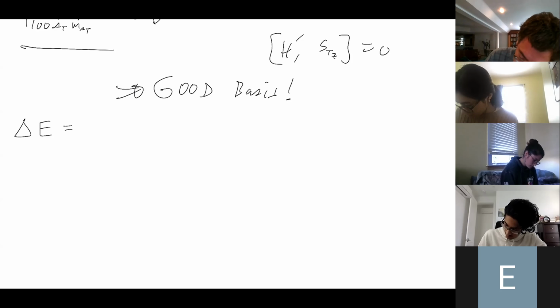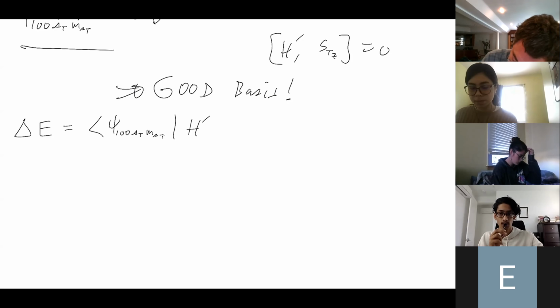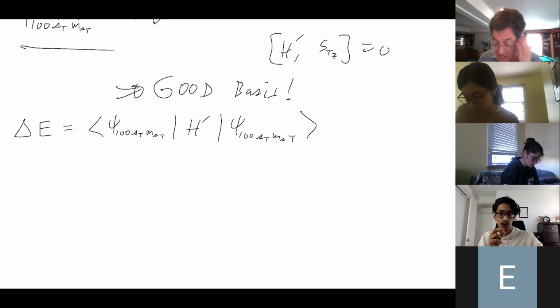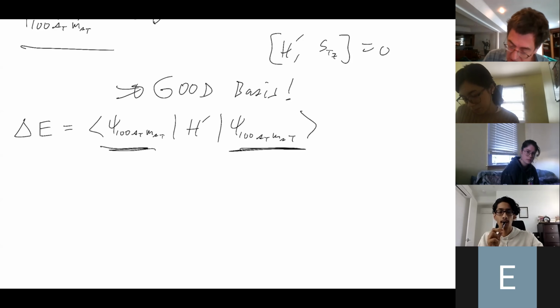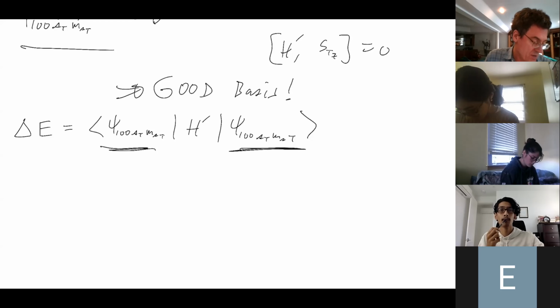So now we can say delta E is equal to psi 1, 0, 0, S total, M sub S total, H prime, psi 1, 0, 0, S total, M sub S total. We just have to calculate this. It's slightly painful to calculate, but let's just do it.